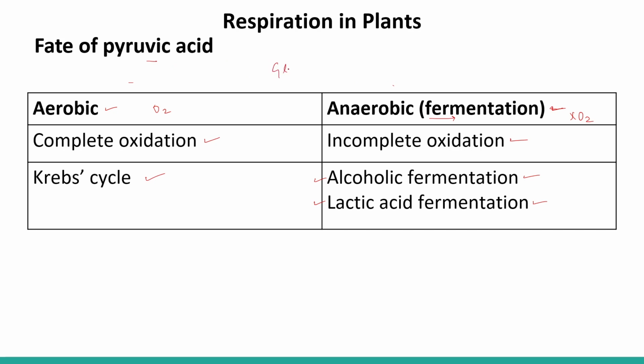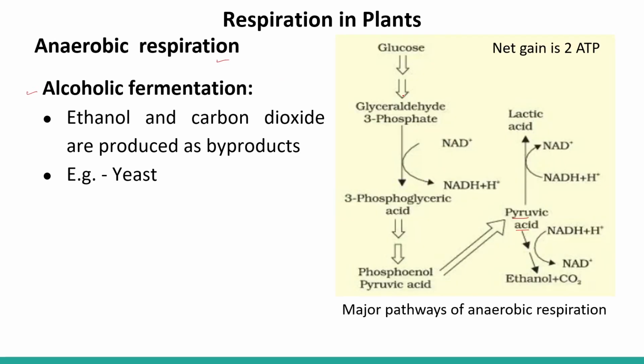So you can write here: glycolysis is an anaerobic pathway also, and it is a common pathway for both aerobic respiration as well as anaerobic respiration, and it leads to the production of 2 molecules of pyruvate, and pyruvate can either enter the aerobic pathway or it can follow the anaerobic pathway.